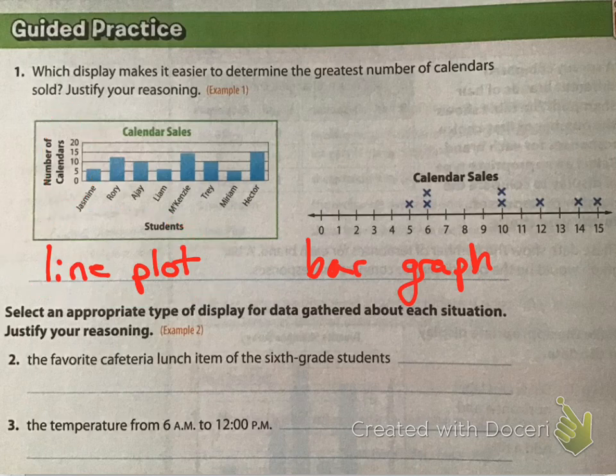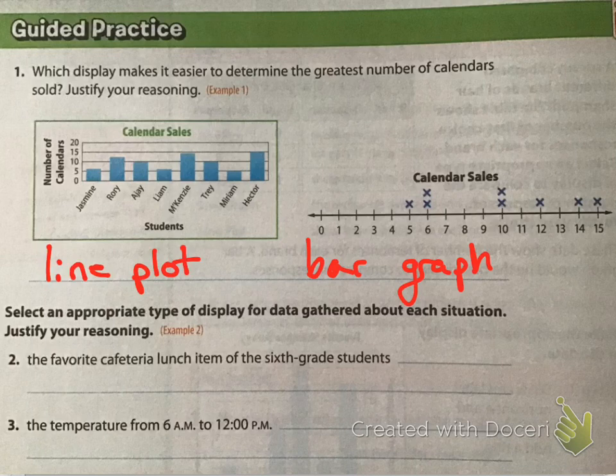Let's see. Select an appropriate type of display for the data gathered about each situation. So, the favorite cafeteria lunch item of the 6th grade students. So, first of all, line plots and histograms, they both need numbers on all axes. Do these have numbers on both axes? What do we think? Yes or no?